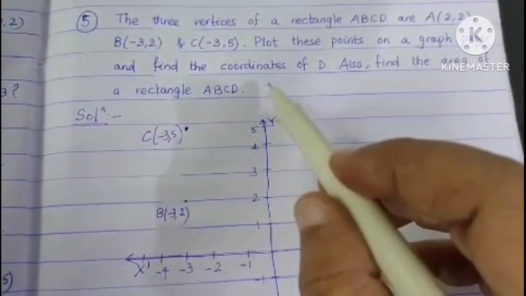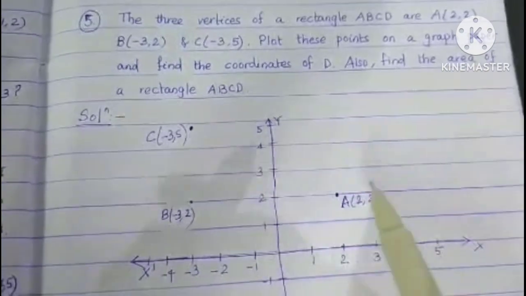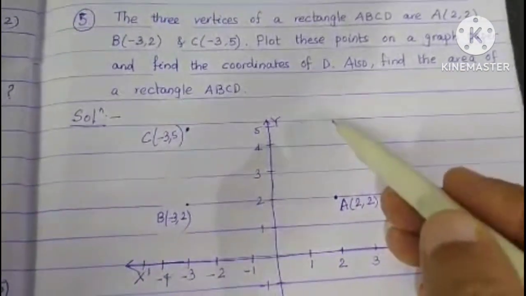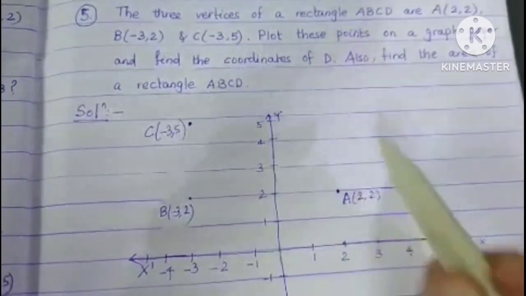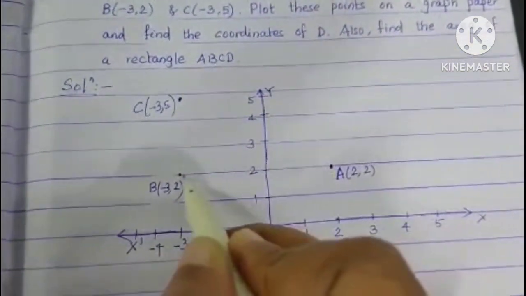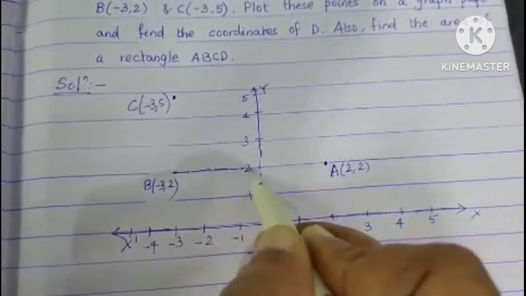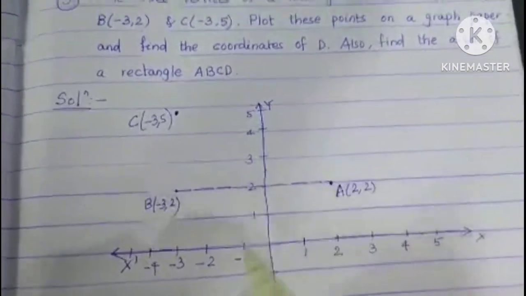Now we have to find the coordinates of D. D will lie somewhere here, because the clue is given that these are the three vertices of a rectangle. So let us draw the lines like this.